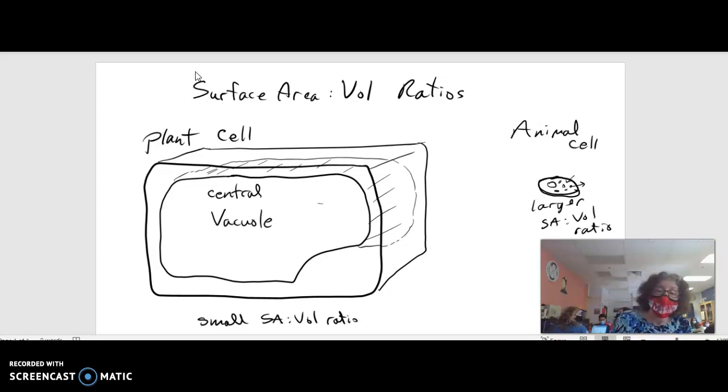So you've got this big amount of volume in there, and because the vacuole's only function really is to store water and salts, this entire bit of the volume of the plant cell is, I don't know if I'm right, metabolically inactive.